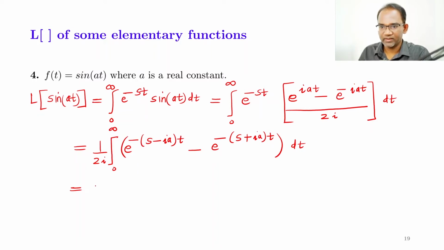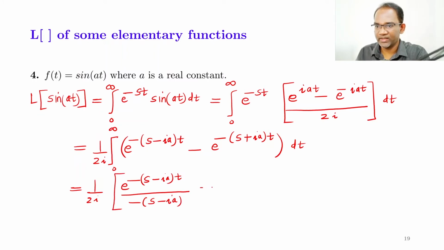When we integrate, this is 1 over 2i times e raised to minus s minus ia times t over minus s minus ia. So that is the first term.